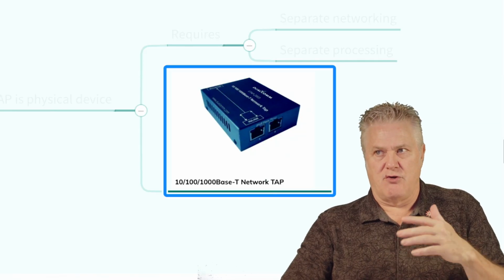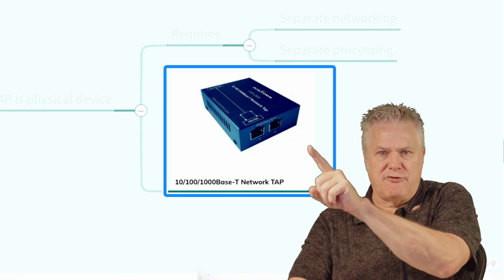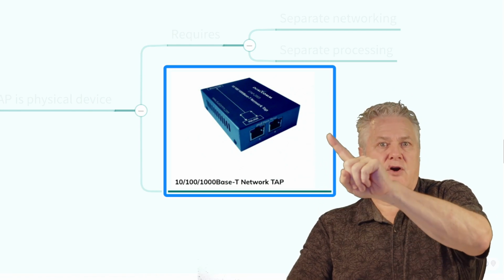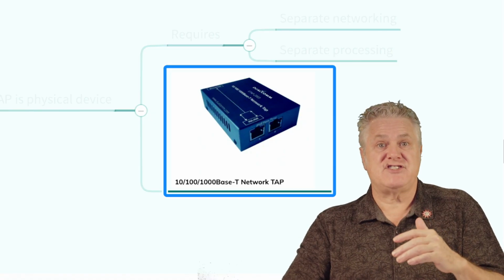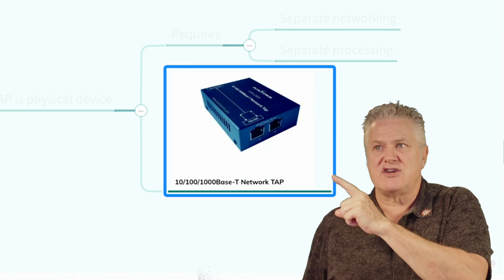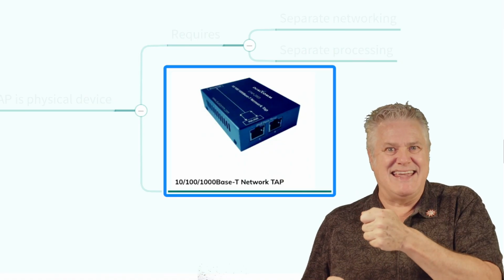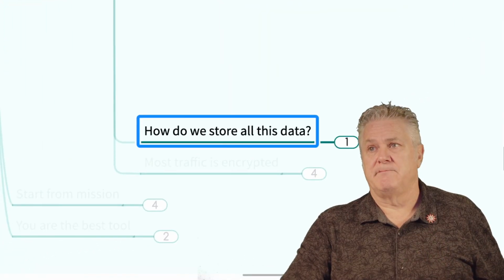So the switch is no longer a part of this. On the back side that you can't see here, it's got a connector that goes out to a particular set of storage. With some of the more sophisticated devices, we don't have to run a network connection back to another location. What we can do is just plug in at this location and actually plug in a USB drive if we want to.